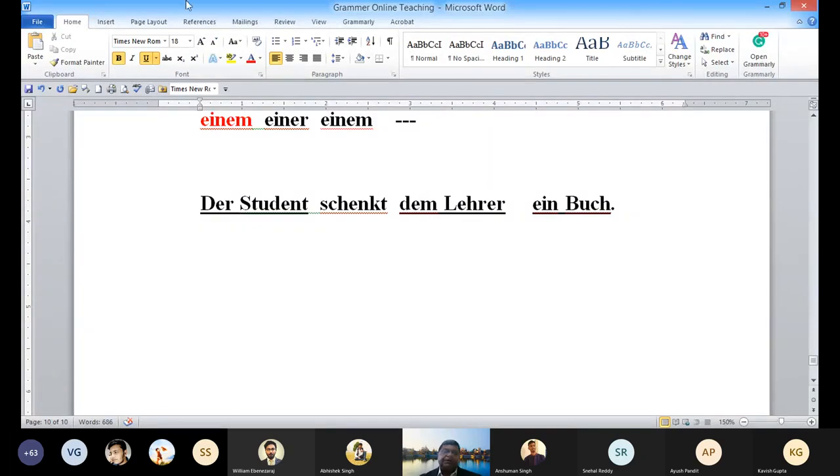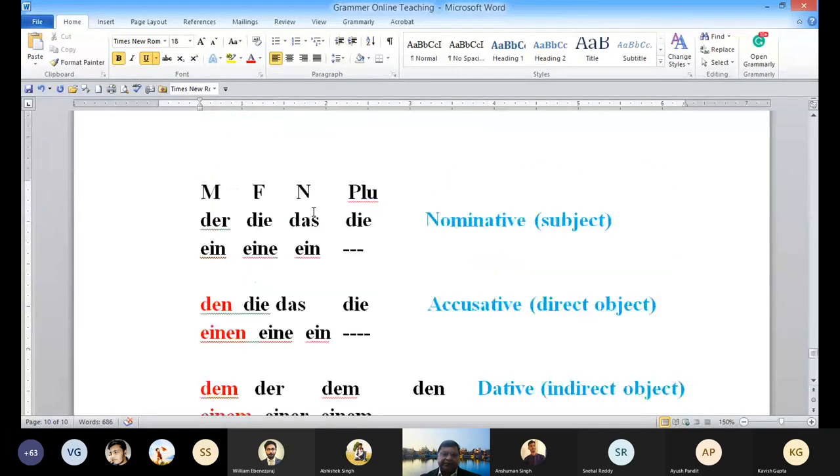Now let us try to understand and analyze the different articles. As I said that this is the subject, student in this sentence subject. So now if we are going to consider student as a subject, then definitely something from here should be there. Either der, die, das, or die depending on the gender and the number. And also whether you are using definite article or indefinite article.